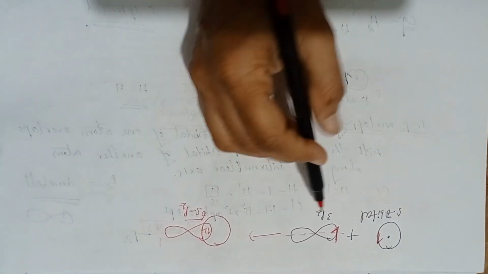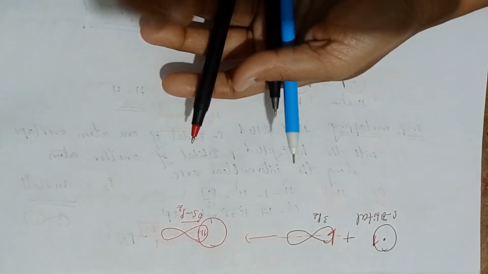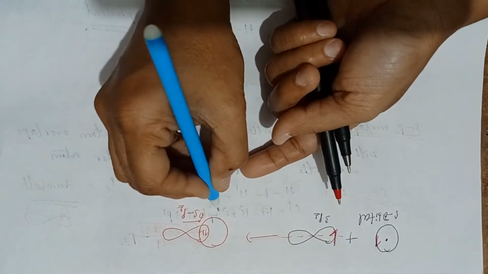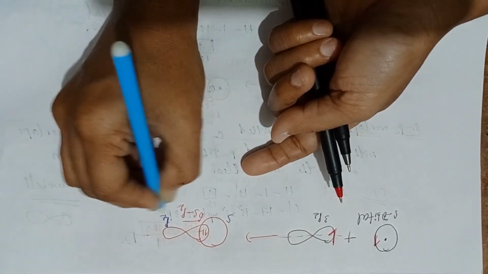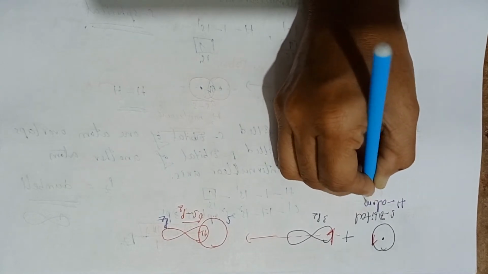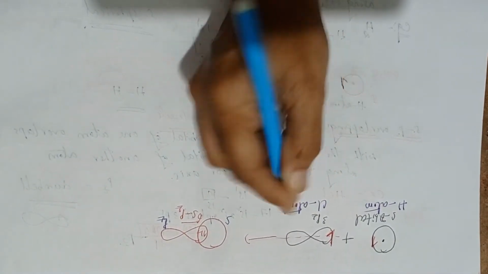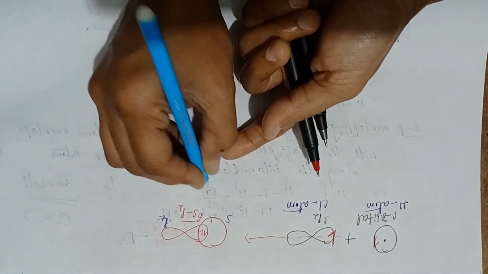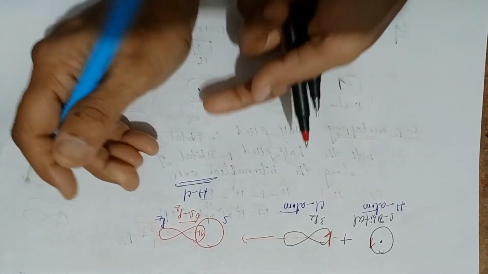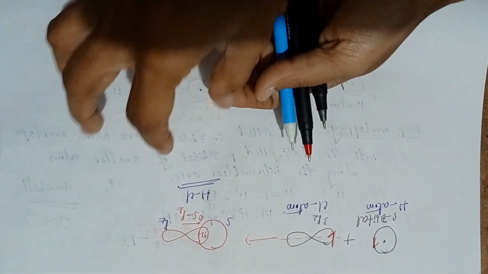So the s orbital and pz orbital undergo overlapping and produce a sigma bond. Are you clear? This is the hydrogen atom s orbital and this is the chlorine atom 3pz orbital undergoing overlapping, producing hydrogen chloride. Now the hydrogen chloride molecule is formed. This is the sp overlapping.